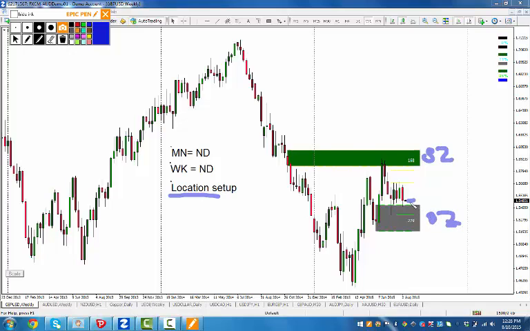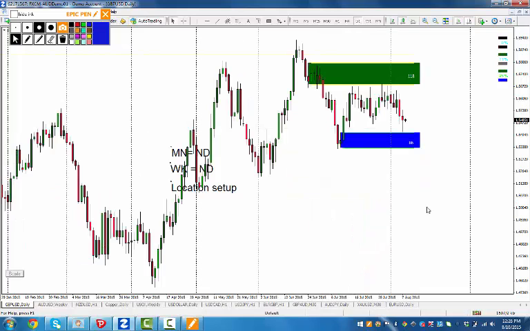Now, is the price low or high? Obviously, it is low. Anybody will look at it and say it's low. Location is low, so I'm more inclined to look for buy rather than sell. Knowing that I'm going to look for buy, I go to my entry time frame, the D1.